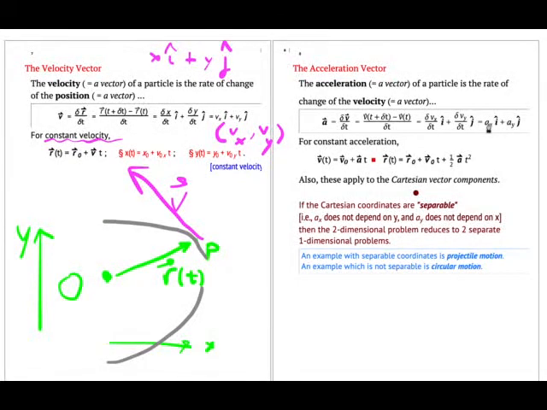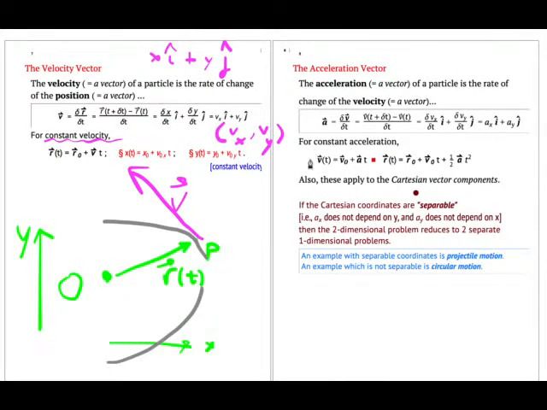So you see ax is the rate of change of vx. ay is the rate of change of vy. So again, if we have two dimensions, the Cartesian coordinates satisfy the same kind of equations as we had for one-dimensional motion last week. But now I have to sew those two together to get the full vector.